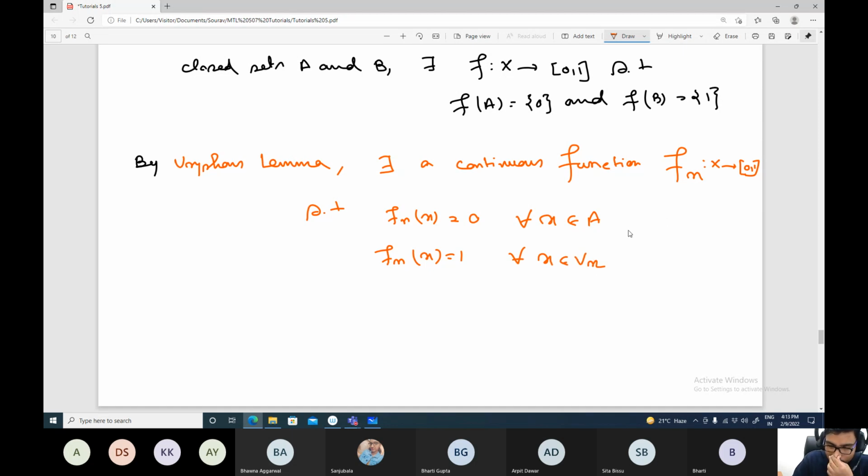And this result holds for all n. Now you see that all these are continuous functions.